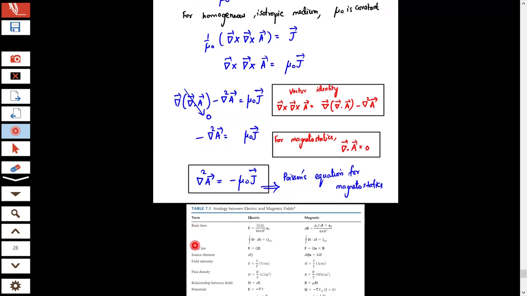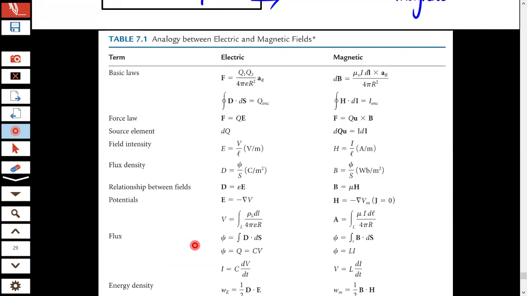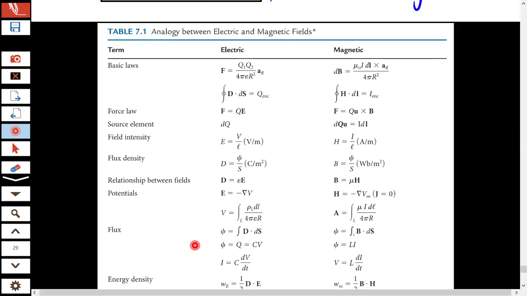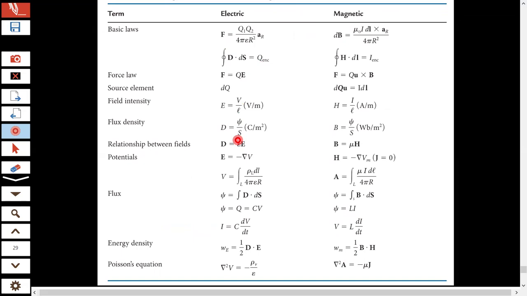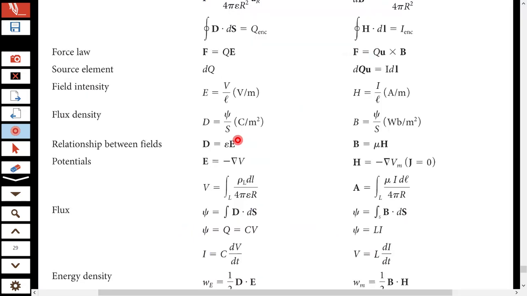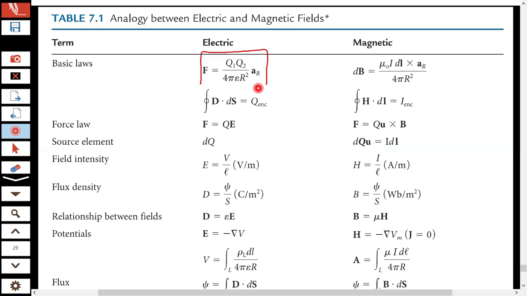I will continue with analogous relationships between electric and magnetic fields before concluding this video lecture. So the basic laws of electric and magnetic fields and the parameters are listed in comparison in this slide. We can check here Coulomb's force, and the analogous relation for magnetic fields is the Biot-Savart law.